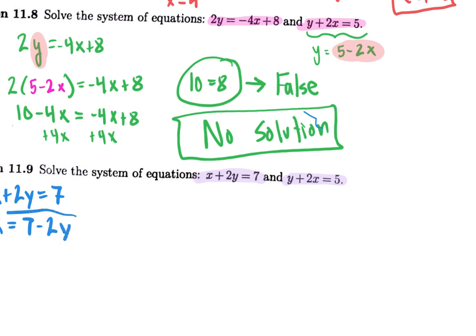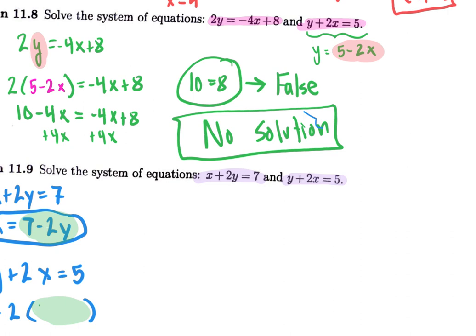Now, I will replace my x into my other equation. If I replace it into the same equation, that won't work because things cancel each other out. So it has to go into the opposite equation. So I'm going to replace x in my second equation with the expression for x. So I have here 7 minus 2y is what x equals, so I'm going to put that in right here.